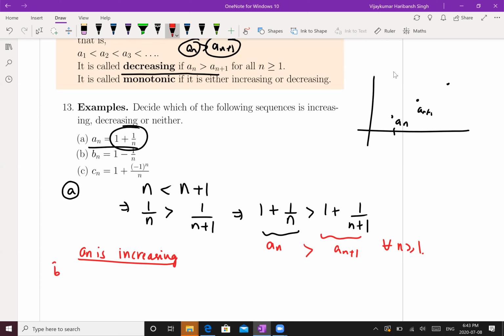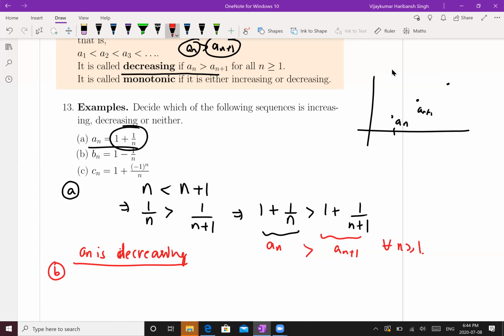Let's look at part B. Sorry, my bad. a_n is decreasing, that is correct, because a_n is bigger than a_{n+1}.